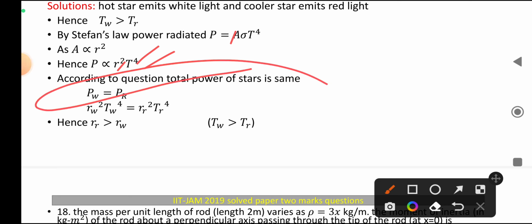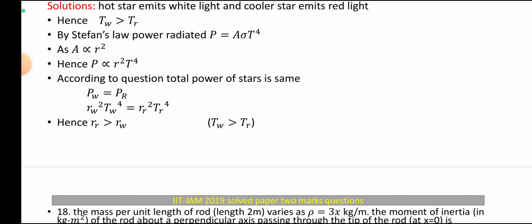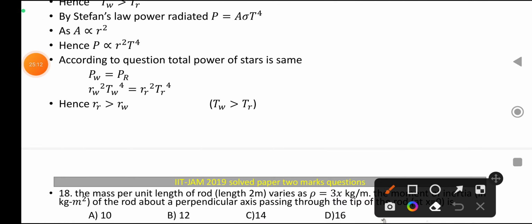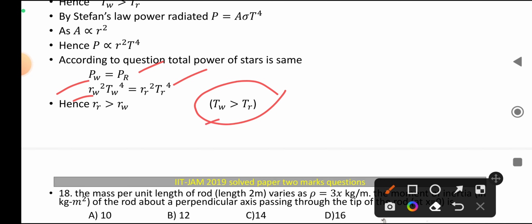But the powers are equal in the above equation. It is the given condition: when the stars radiate equal power, P white is equal to P red. Substitute the values. Just now we know Tw, the white light temperature, is higher than the red light temperature.